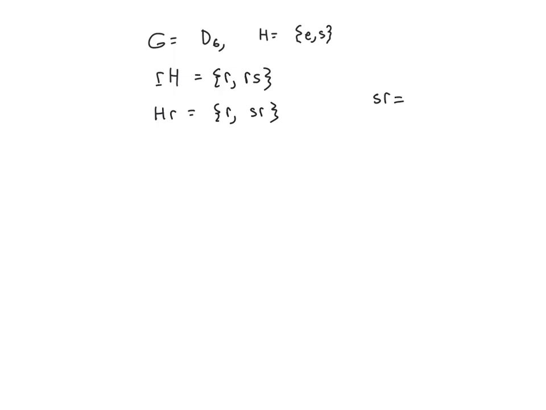Now we know SR is not equal to RS, because if that were true, then the dihedral group would be abelian, and it's not. Remember, the relationship is that you can move the rotation to the other side by inverting it. That's the way it works. So in this particular case, with respect to this subgroup in this group, this left coset is not equal to this right coset. So in general, there is actually a distinction between the two.